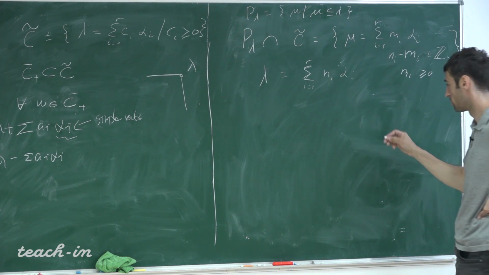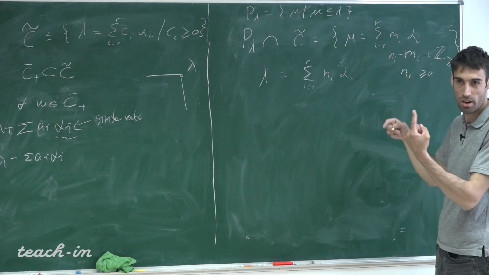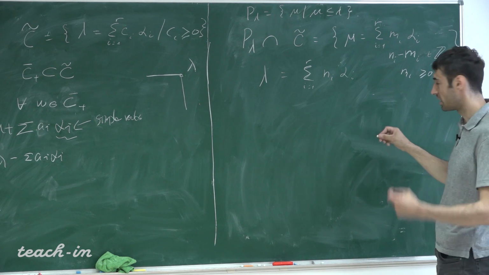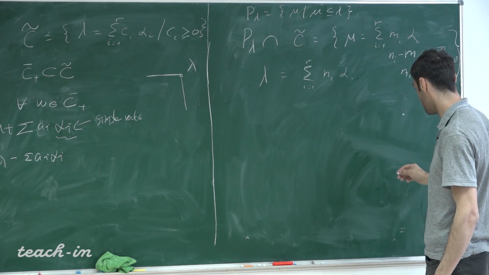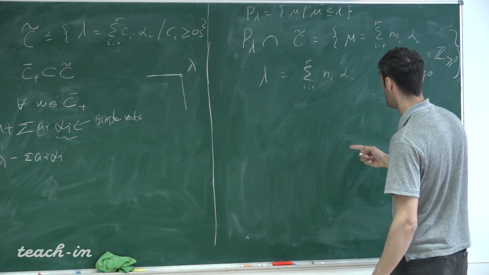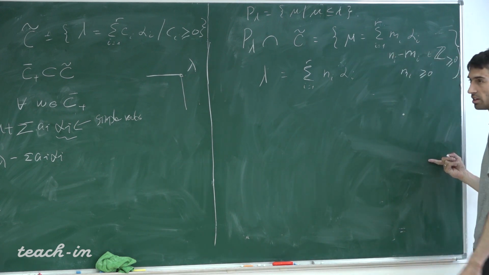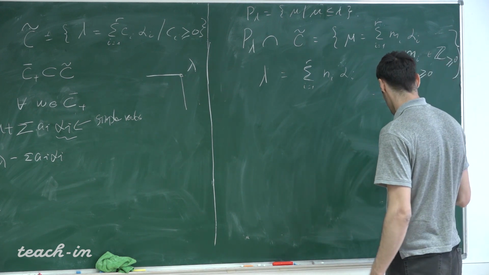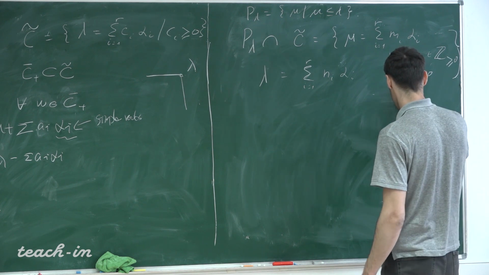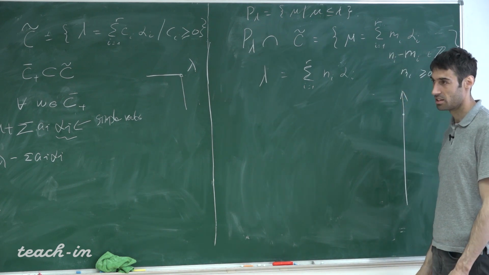Suppose you have just one simple root. You started somewhere in positive. This is your weight line, right?